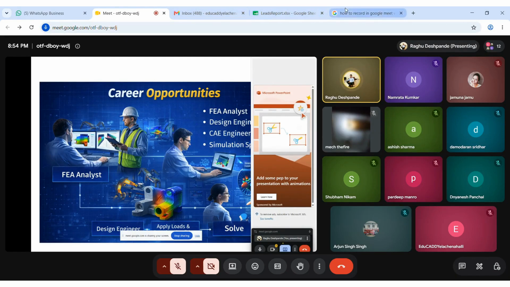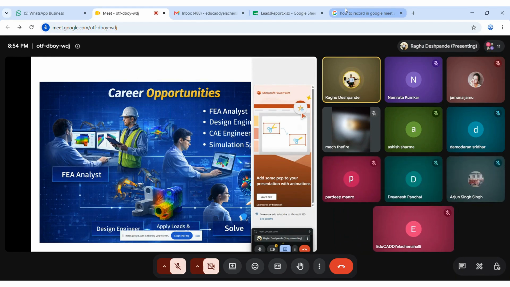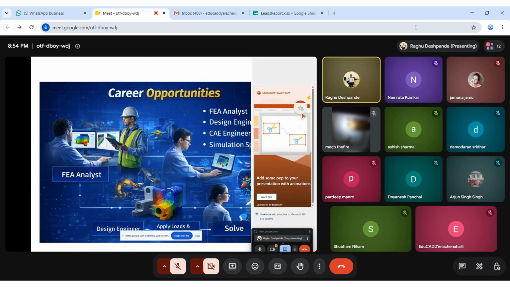You are going to learn this in the course, and we will also help with interview preparations. So the main objective of this course is not just learning the softwares and leaving it. The objective is to think like a simulation engineer and solve real engineering problems, which is the main intention of this course.